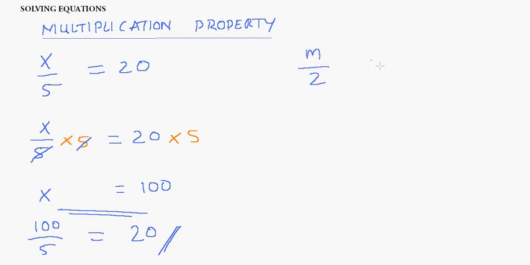m divided by 2 equals 15. Now we can see in this equation m is being divided by 2. Now we need to multiply each side of this equation by 2.